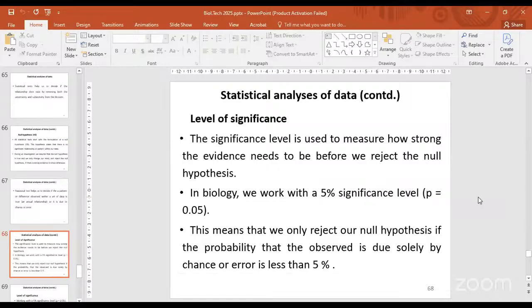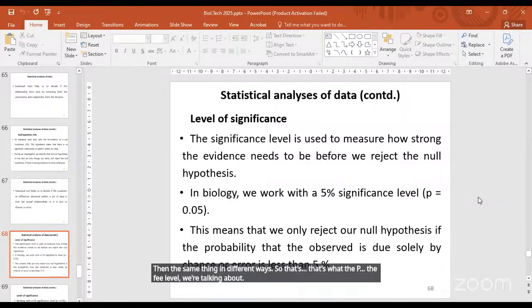On the other way around, you are saying that the result you have obtained is 95% certain that it's not due to an error. Do we get it? It's the same thing, saying the same thing in different ways. So that's what the P level is talking about.